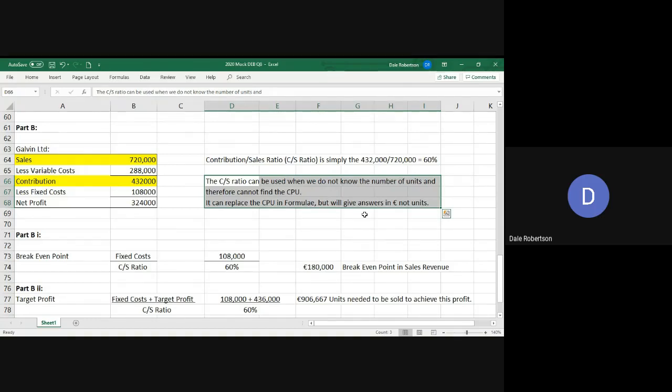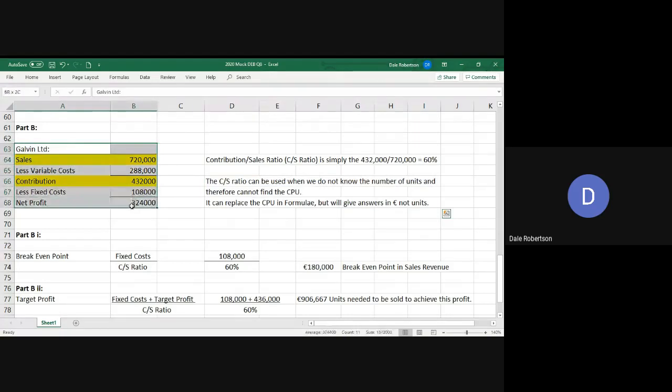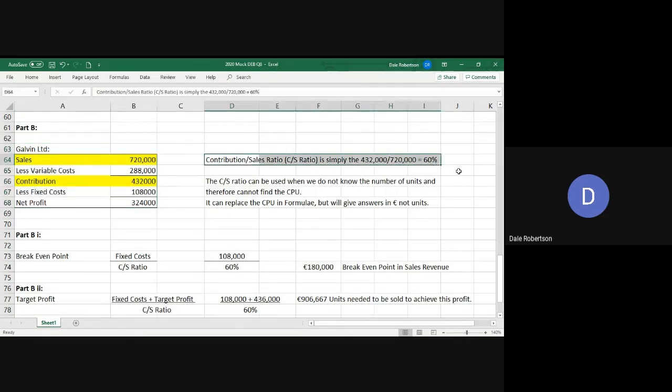Now, the question gives us the full marginal costing statement. It tells us our sales, our variable costs, our contribution, our fixed costs, and our net profit. So therefore, it's quite easy for us to work out the contribution to sales ratio, because that is simply the contribution, which is 432, divided by the sales, and that is 60%.